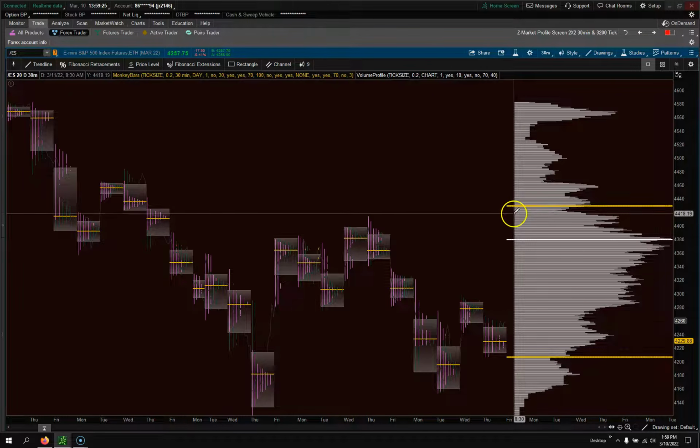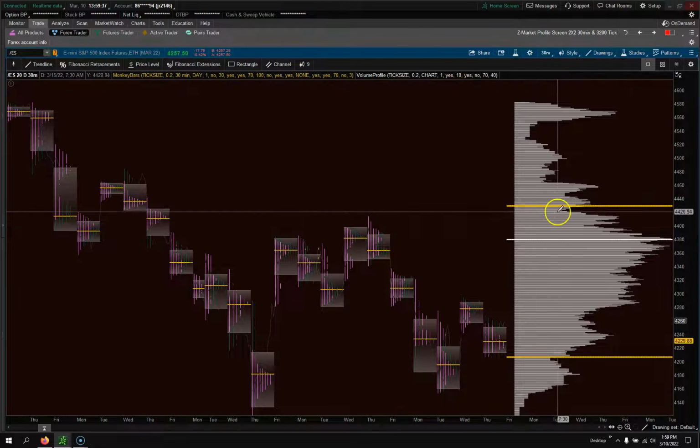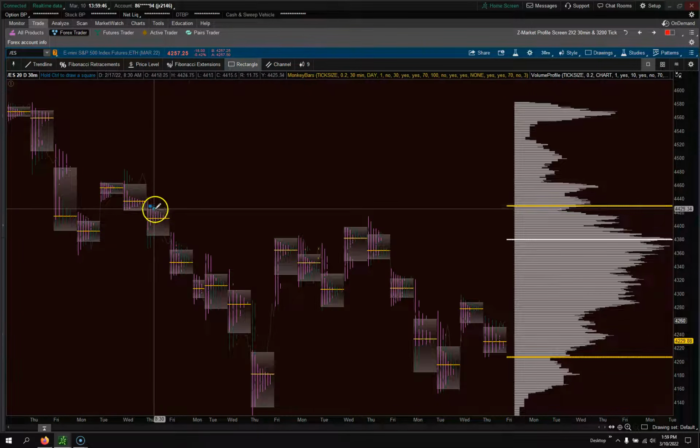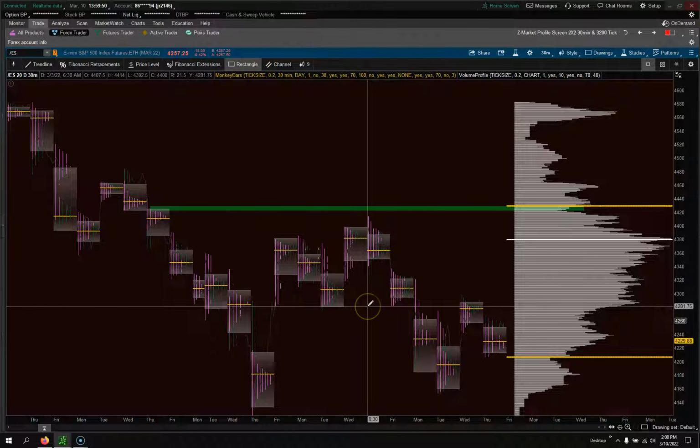Now, if I saw price working its way up here, I might go, what's to the left of it? Has it been touched? Oh, look, this day we had a value area high that's never been touched, and it also matches up with a low volume node. There are multiple confluence levels. Maybe I will draw a trade zone right here.